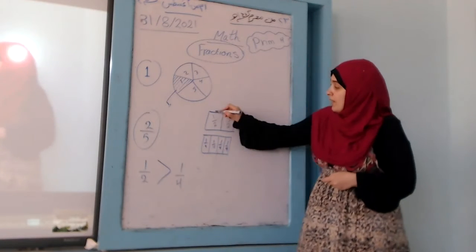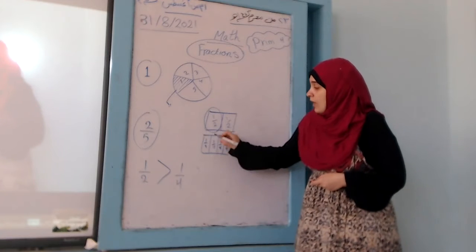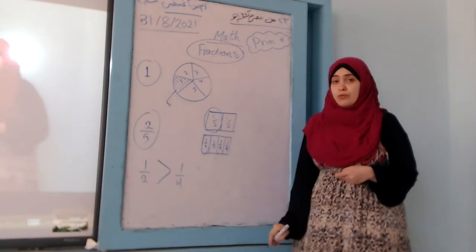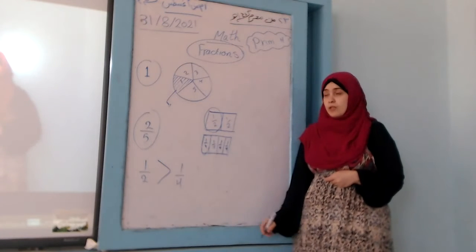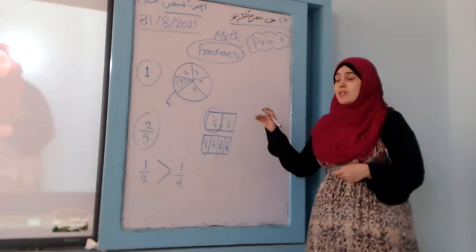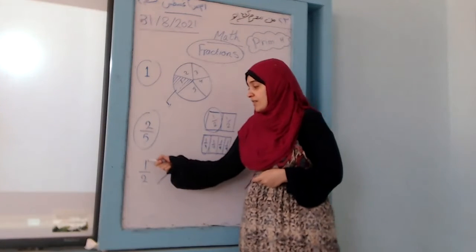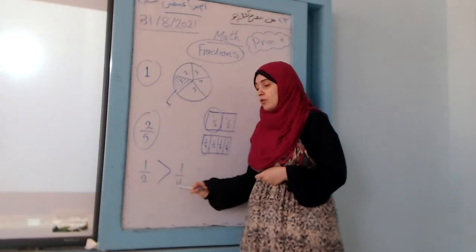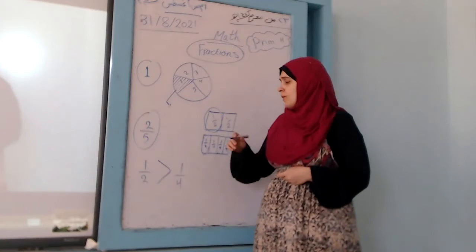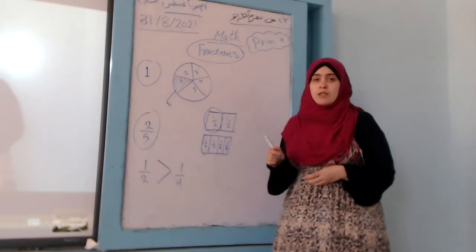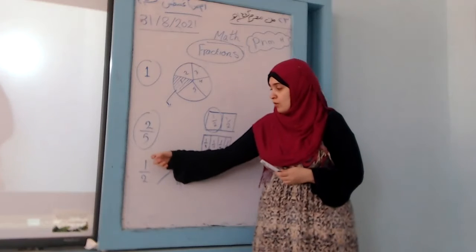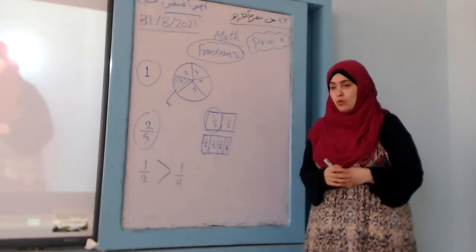So here I have 1/2 and here I have 1/4. Which is greater? Half is greater than a quarter. If I have the same numerator and different denominators, the big is small and the small is big. So 1/2 is greater than 1/4.